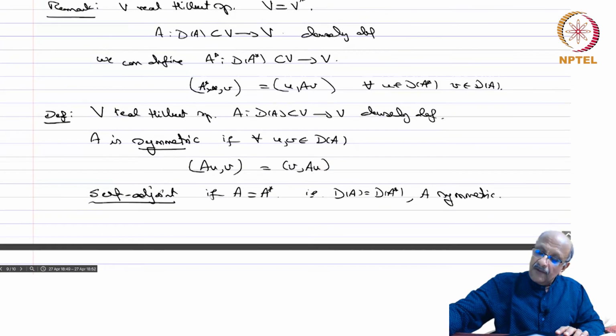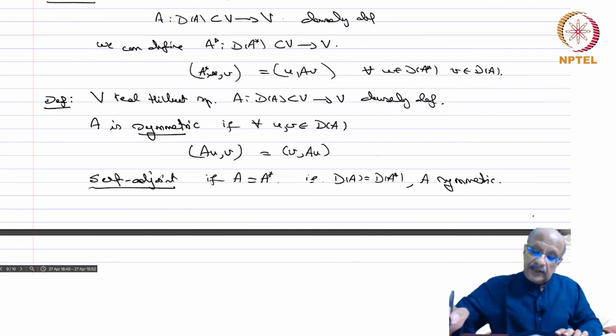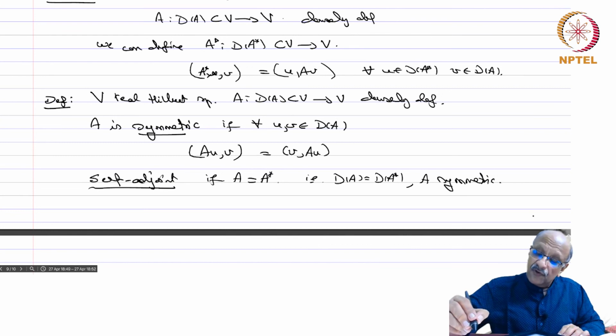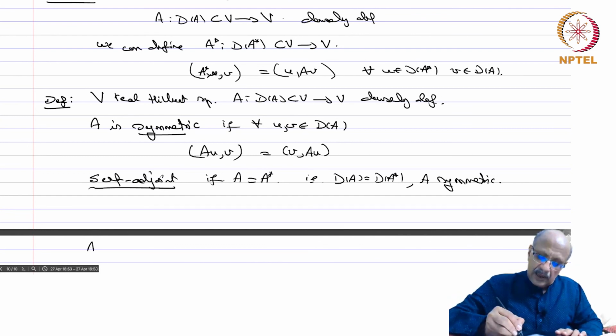So, if you have a continuous linear operator, or a bounded linear operator, which is densely defined, it will automatically be a continuous linear operator, and therefore, symmetry and self-adjointness are one and the same. But if you have an unbounded operator which is densely defined, then symmetry does not imply self-adjointness.